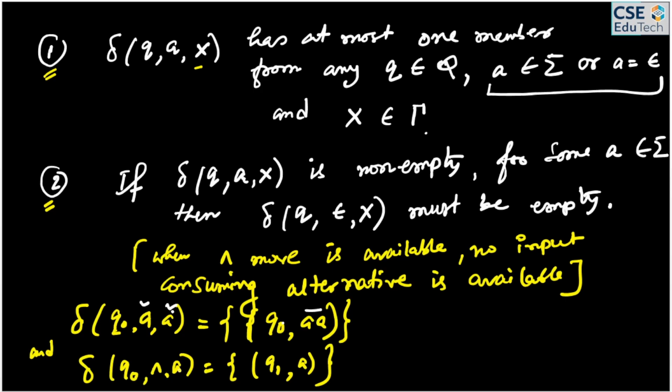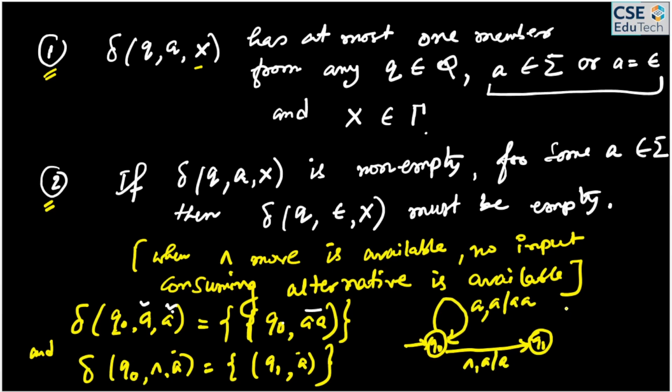At that time the stack top symbol is A. You can move to state q1, and this A will be replaced by A. If we draw the transition diagram, it will look like this: q0 and here q1, with the move A replaced by AA or null, A.